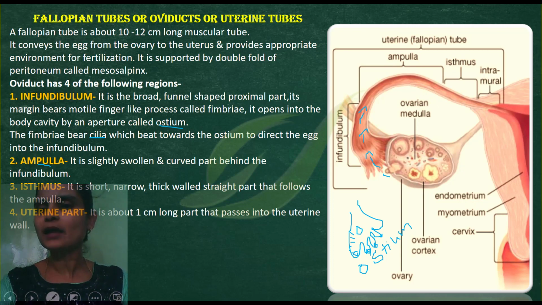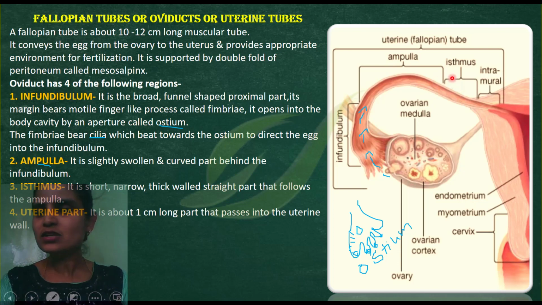The third part is called the isthmus. It is a short, narrow, thick walled straight part that follows the ampulla. Please remember that this ampullary-isthmic region is where fertilization will take place.